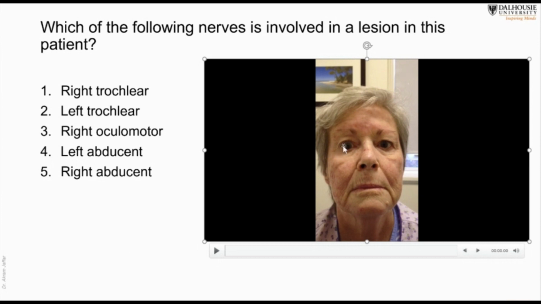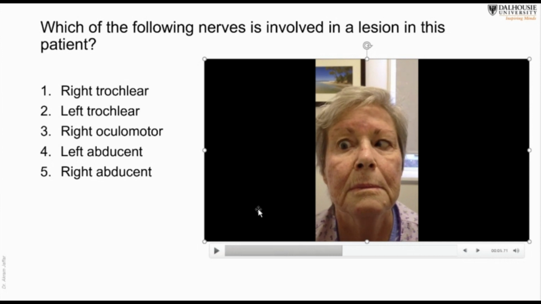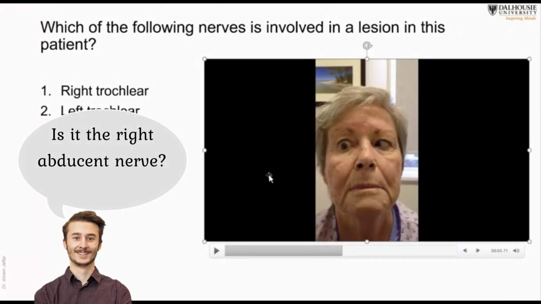The problem was here, the patient couldn't move the eyeball laterally. Look to your left, look to your right. See, now she cannot look laterally. So which muscle is responsible for that? Yes, go ahead. You are correct.